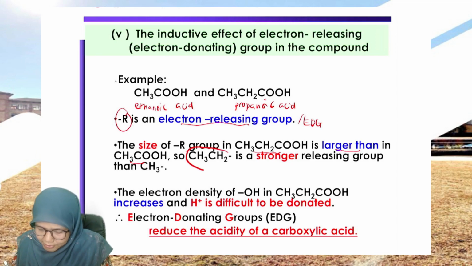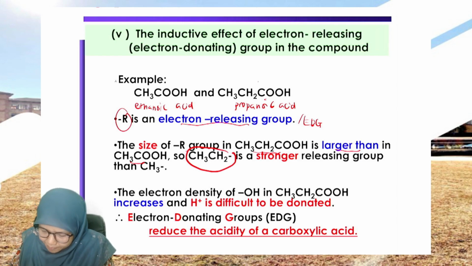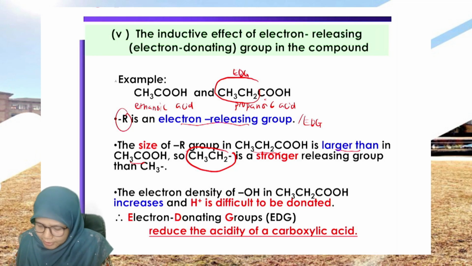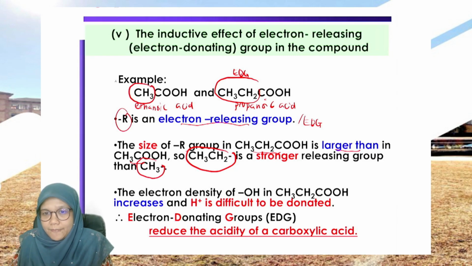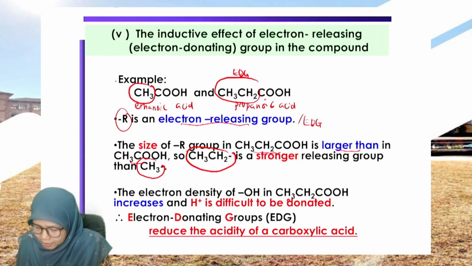Okay, yang ini ni stronger ni kat sini lah daripada propanoic acid. Okay, ini EDG group lah ni. Is stronger releasing group than CH3, EDG group in ethanoic acid. Okay, so the electron density of OH in CH3CH2COOH ataupun in propanoic acid increase.